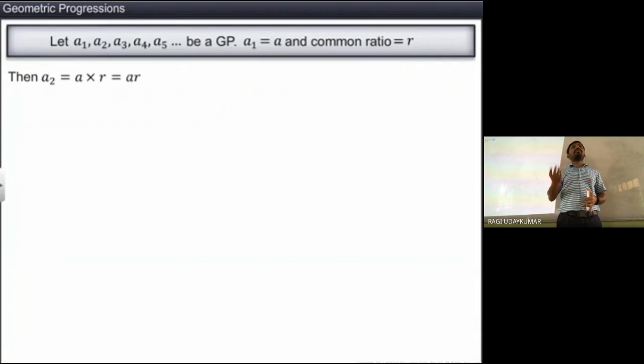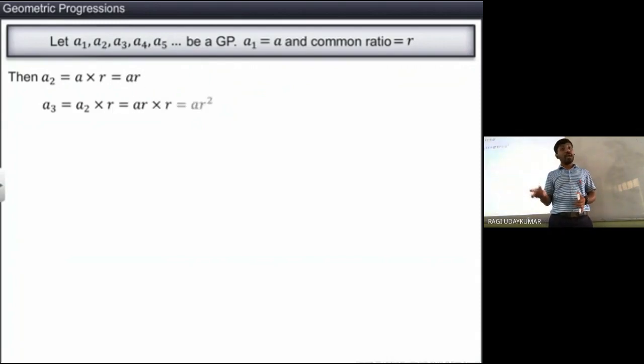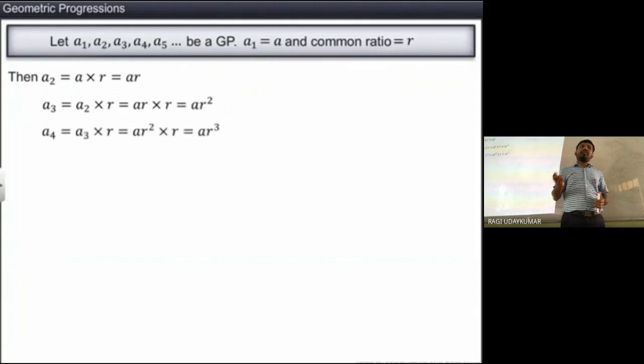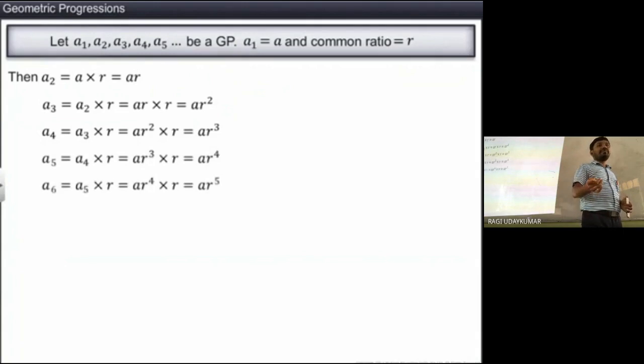Then the general form of the geometric progression is: the second term is AR, the third term is AR square, the fourth term is AR cube. In the same procedure, a5 is AR to the power of 4.